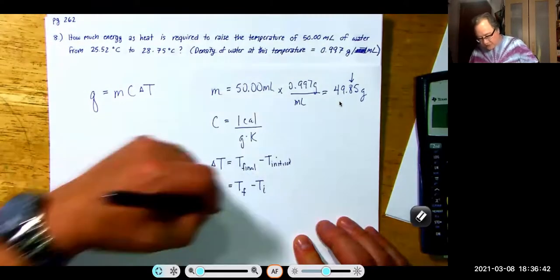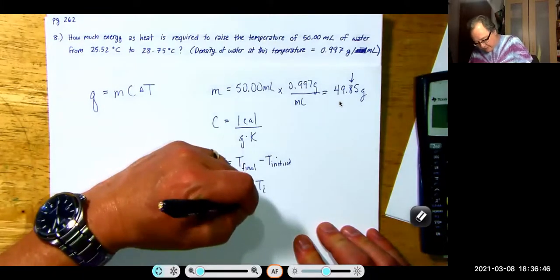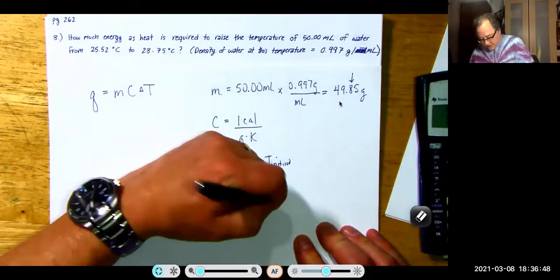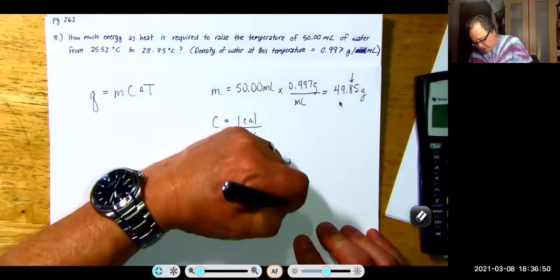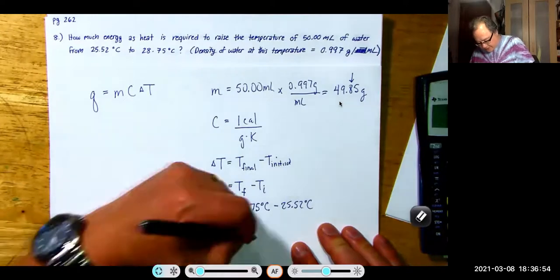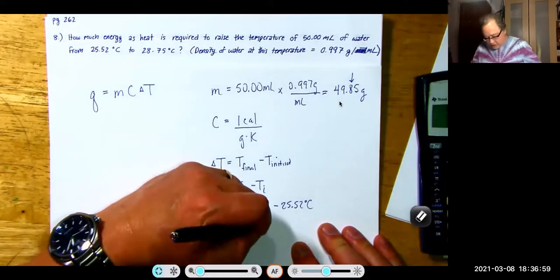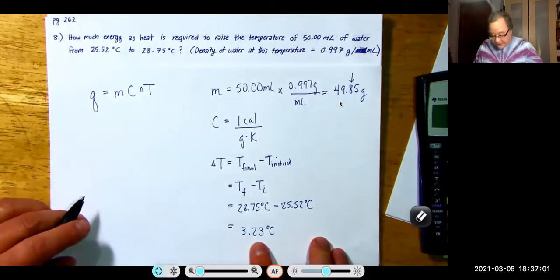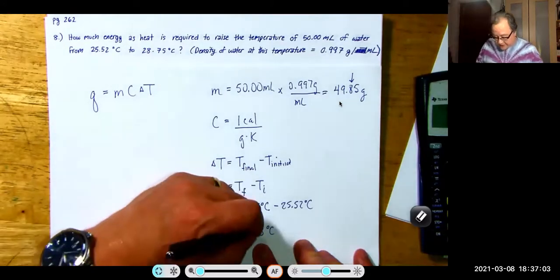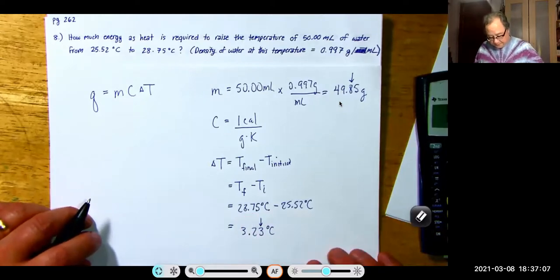So in this case, we're going to have 28.75 degrees Celsius minus 25.52 degrees Celsius. And the difference is going to be 3.23 degrees Celsius. And this is good to the 100th and this is good to the 100th. So this is good to the 100th.